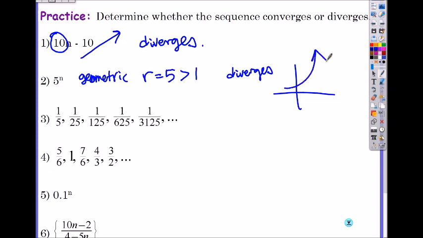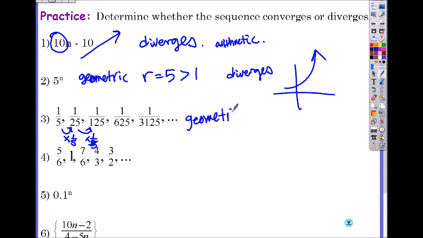What about here? Why is it diverging? It is arithmetic. So all arithmetic sequences diverge. What about the third one? What kind is this? What are we multiplying each time? 1/5, 1/5, 1/5, so it is geometric.